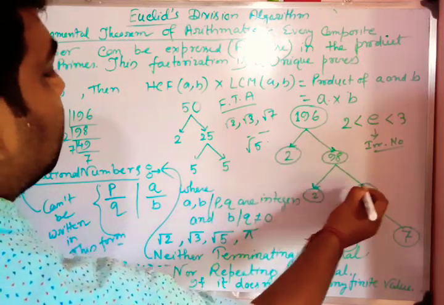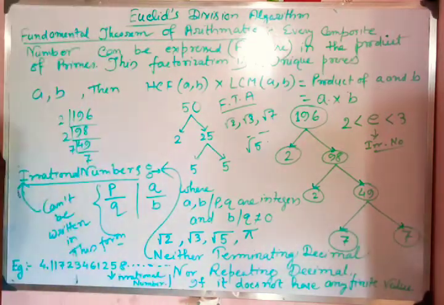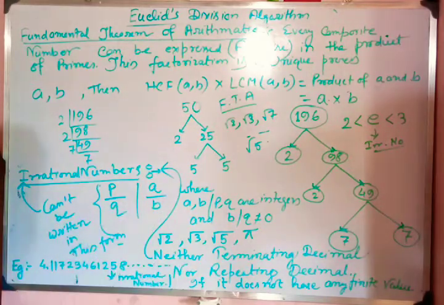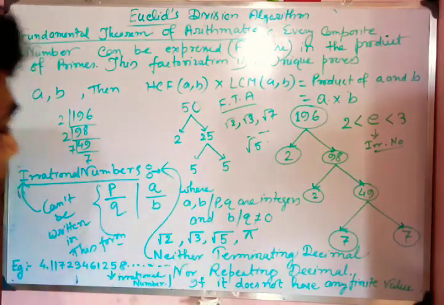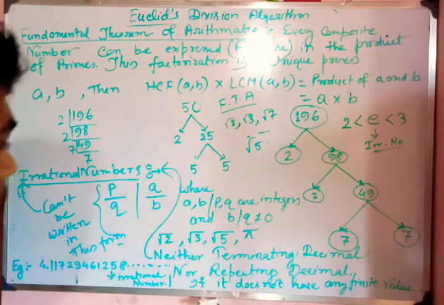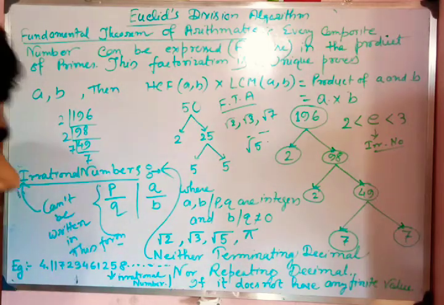What are rational numbers? A number which can be expressed in the form p by q or a by b, where p, q are integers or a, b are integers, and b or q is not equal to 0. Understood? So those numbers are called rational numbers.